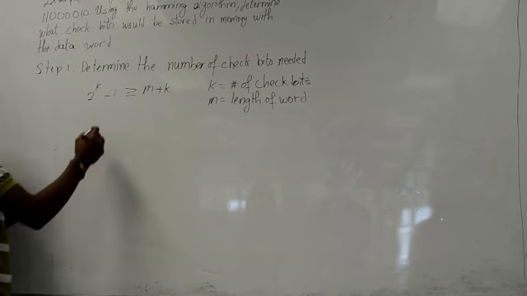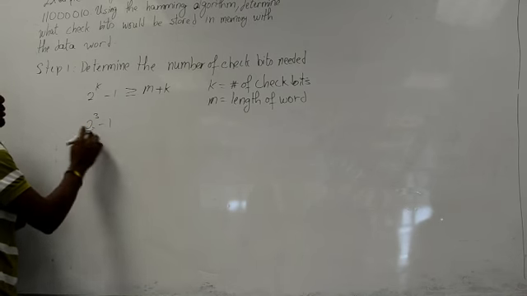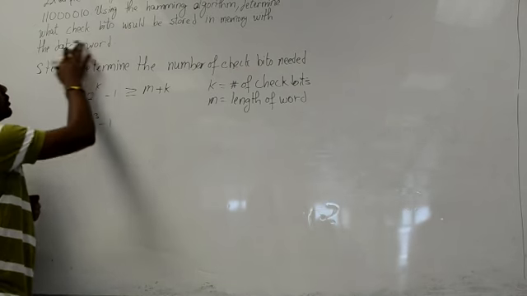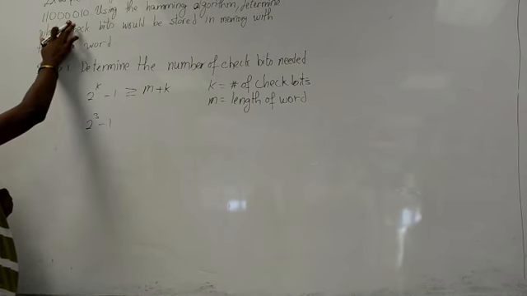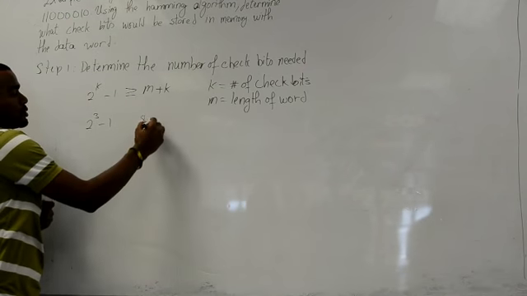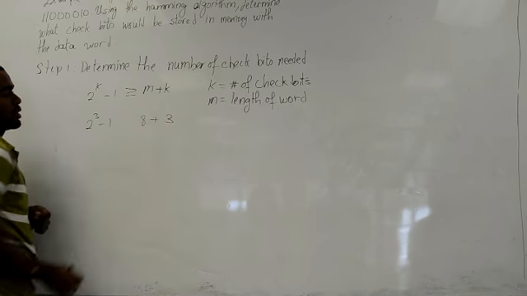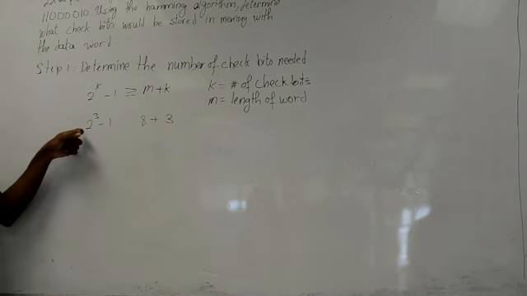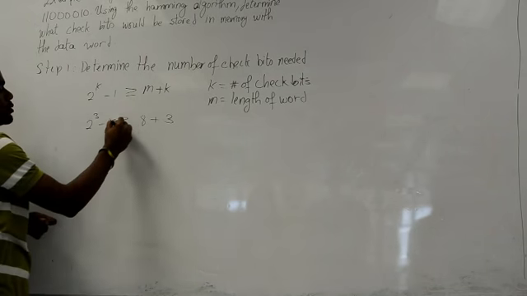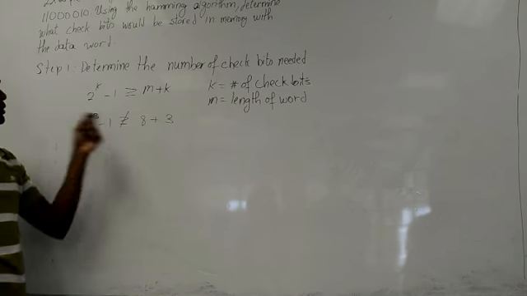Let's start with 3. We're going to have 2 to the 3 minus 1 on this side, and then we have m is 1, 2, 3, 4, 5, 6, 7, 8 bits, and k is 3, so that gives 11. This is 8, so 8 minus 1 is 7, so this is not greater than or equal to this side.